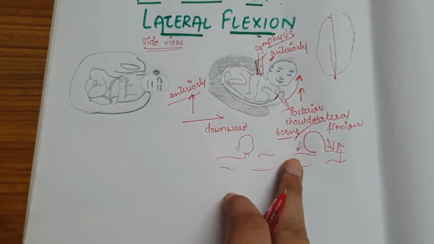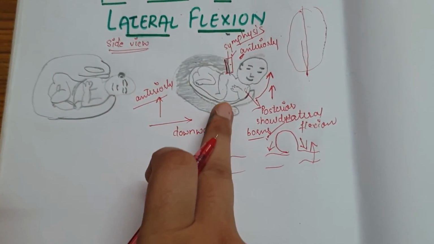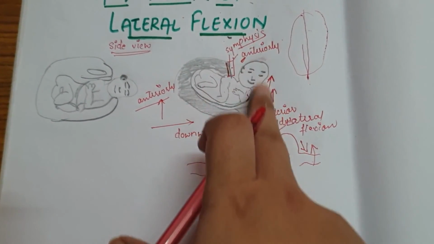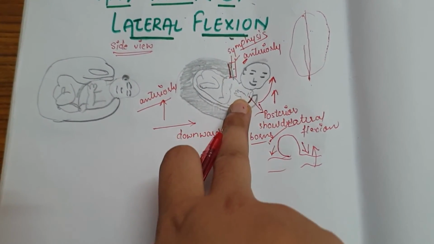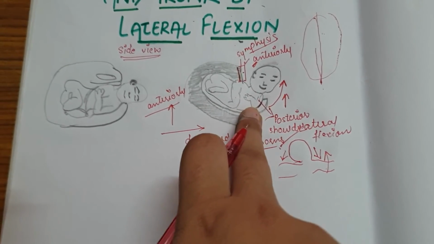So I hope you are clear with the term lateral flexion. So here the lateral flexion occurs, due to which the posterior shoulder pulls.